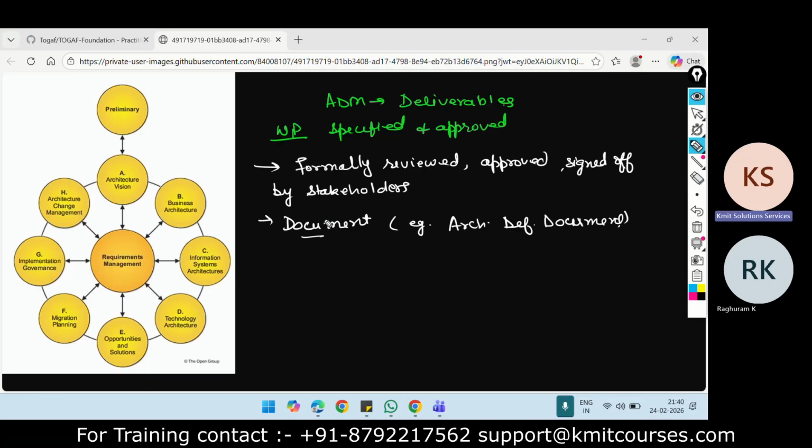So these are basically your documents, right? And they represent the output of your project.